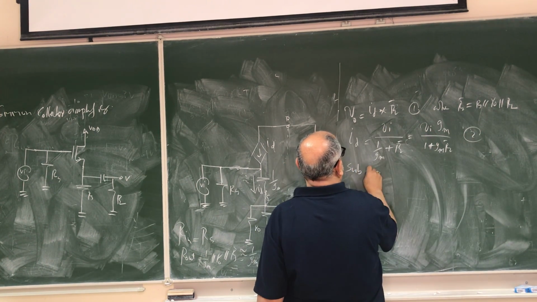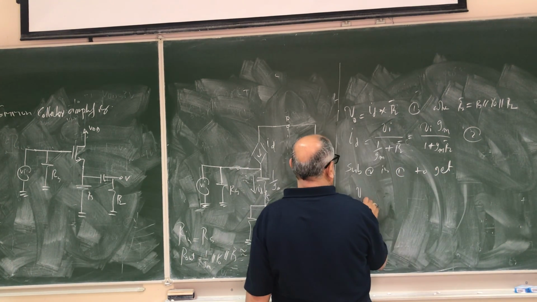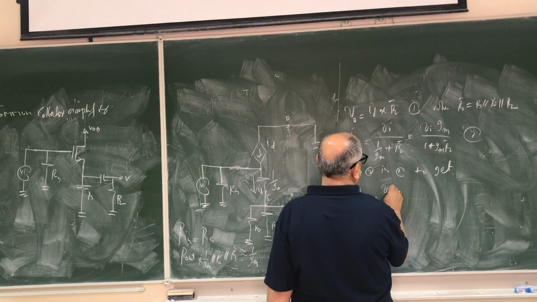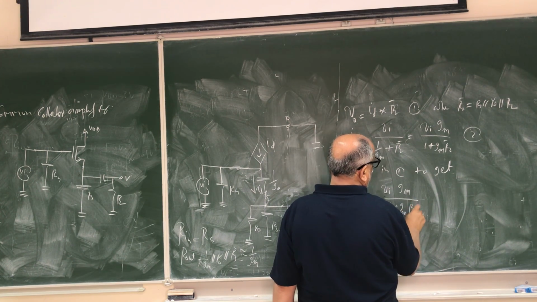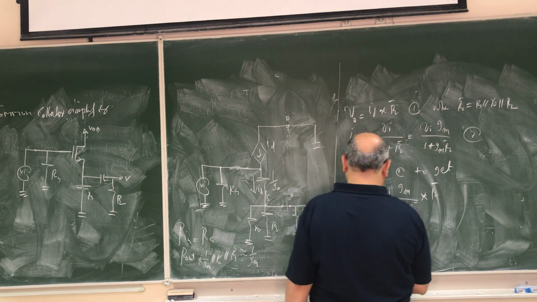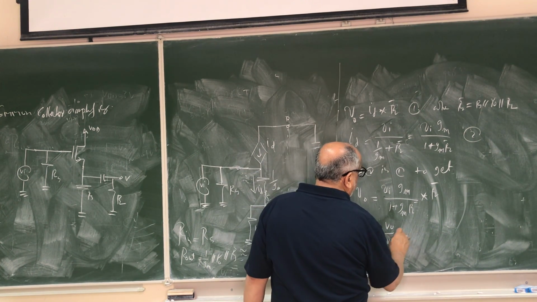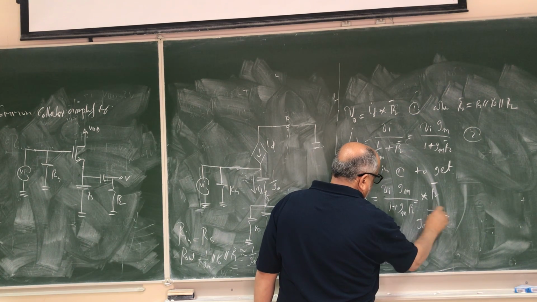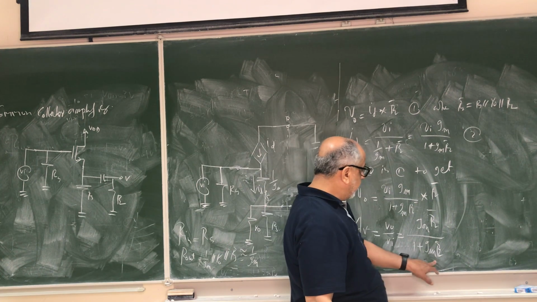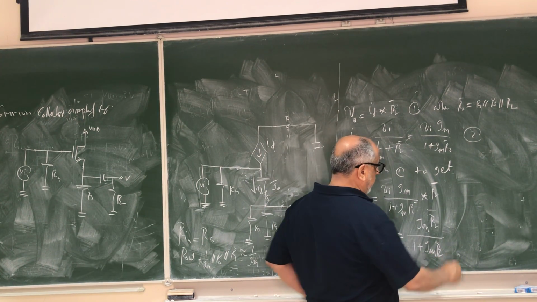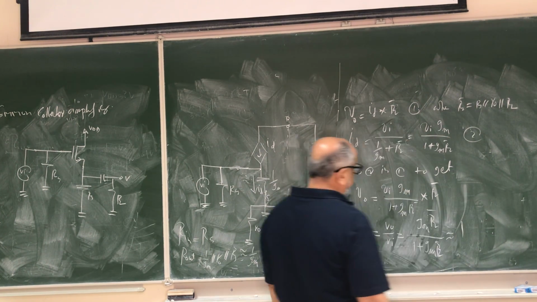Sub 2 in 1 to get V out is equal to ID, which is VI gm over 1 plus gm RL dash, multiplied by RL dash. The gain Av will be V out over VI. It is gm RL dash over 1 plus gm RL dash. Now this gm RL dash is much greater than 1, so we can remove the 1, and we have gm RL dash over gm RL dash is equal to 1.